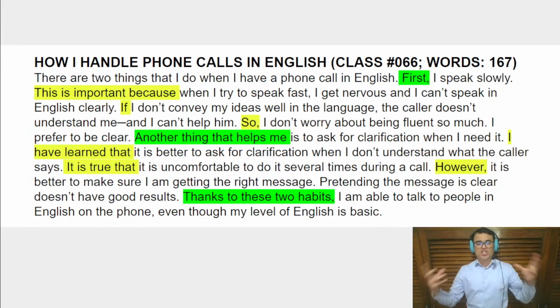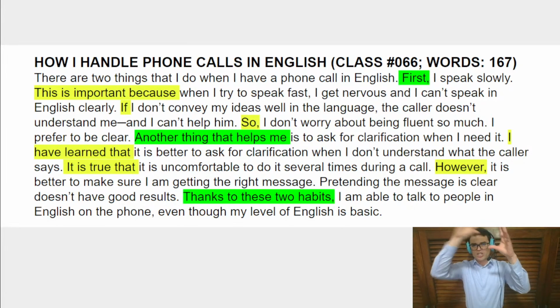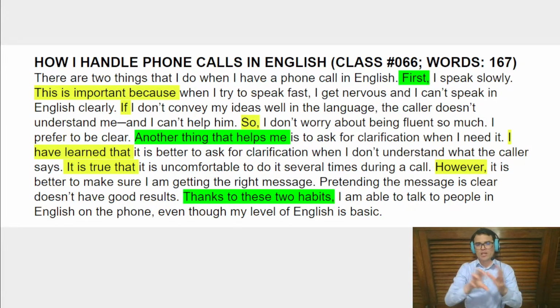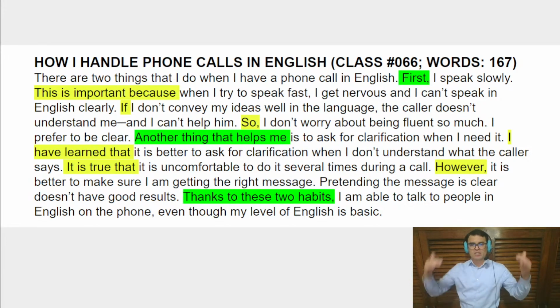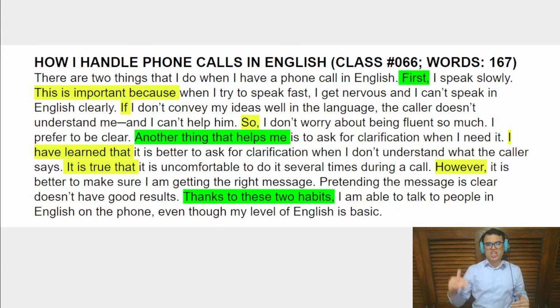Connectors and transitional phrases. For example, here you have first in green. Next, another thing that helps me in green, and finally in green, thanks to these two habits in green. So, thanks to those three words and phrases, you can move from the first idea into the second one, from the second one into the conclusion in a logical order, and you can divide your paragraph logically into different parts.